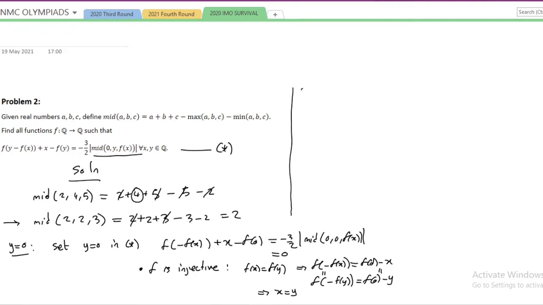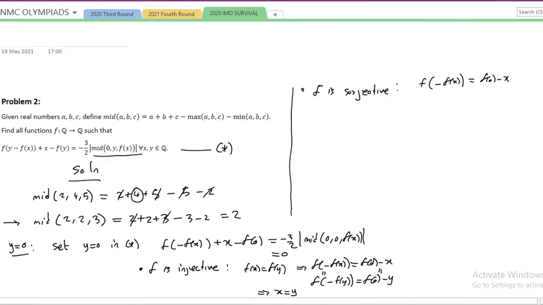Also we see that it's surjective. So f is surjective. To do this, it's even simpler. We had this, minus x. By a little bit of change of variable here, we'll get t.